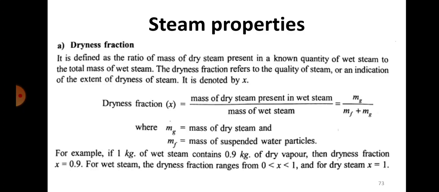So 0.9 divided by 0.9 plus 0.1, that is 0.9 divided by 1, is 0.9. So that is the dryness fraction. 0.9 means 90% of the steam is dry. Or 0.2 means 20% of the steam is dry, 80% is wet. I hope you understand that.